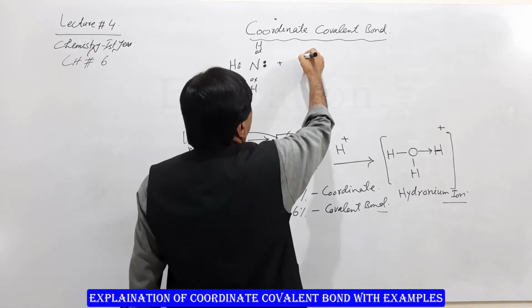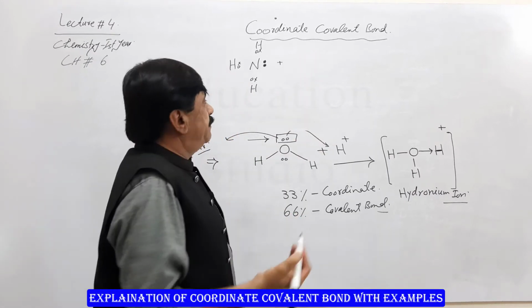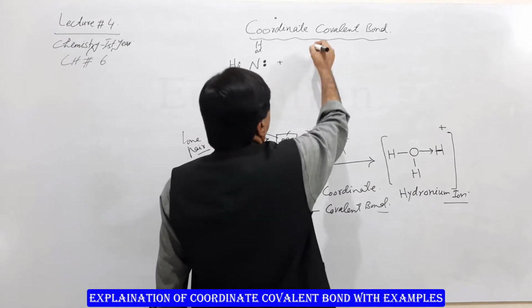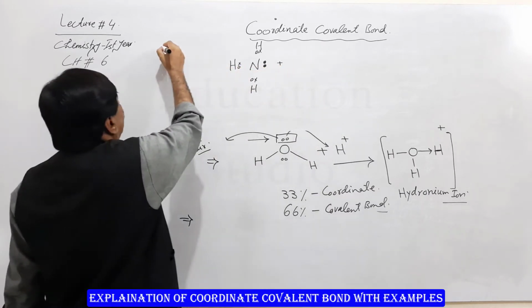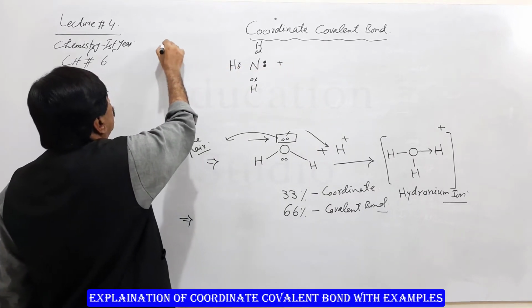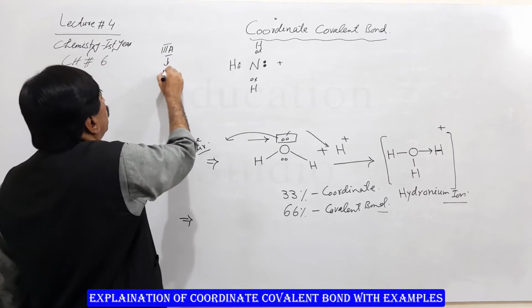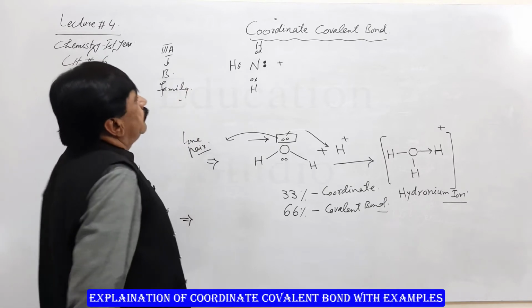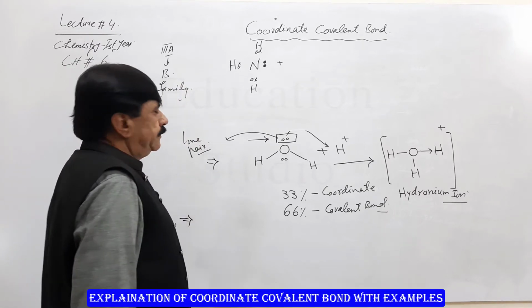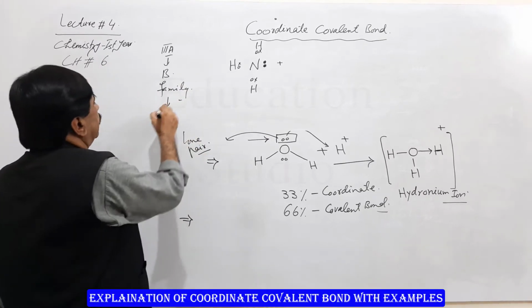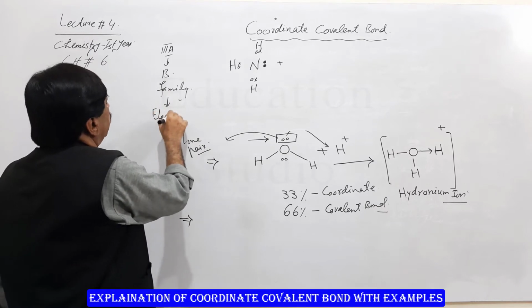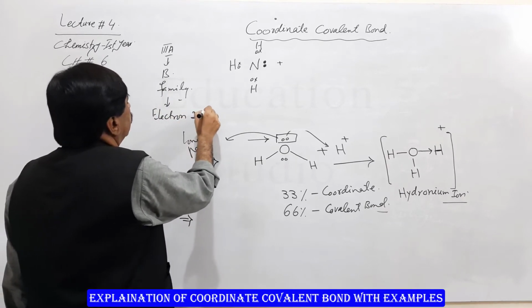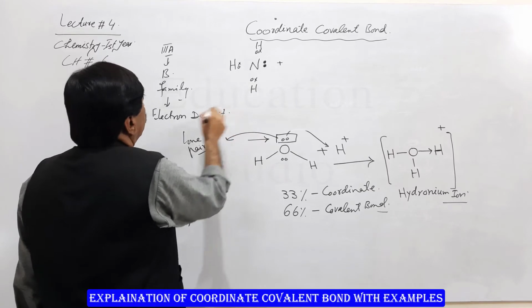We have a group of elements, group 3A, the group of the boron family. The boron family is also termed the electron deficit family.